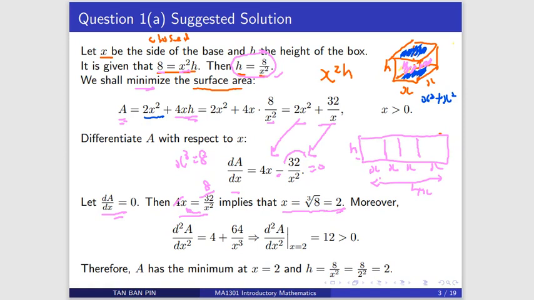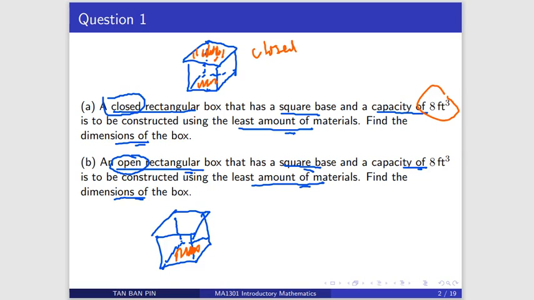And then you can find the second derivative to show minimum. Differentiating 4x gives you 4. Differentiating minus 32 over x squared gives you 64 over x cubed. If you sub x as 2, you get 12, which is positive. Positive implies minimum surface area. Then you must answer the question. The question asks for the dimension of the box which uses the least material.